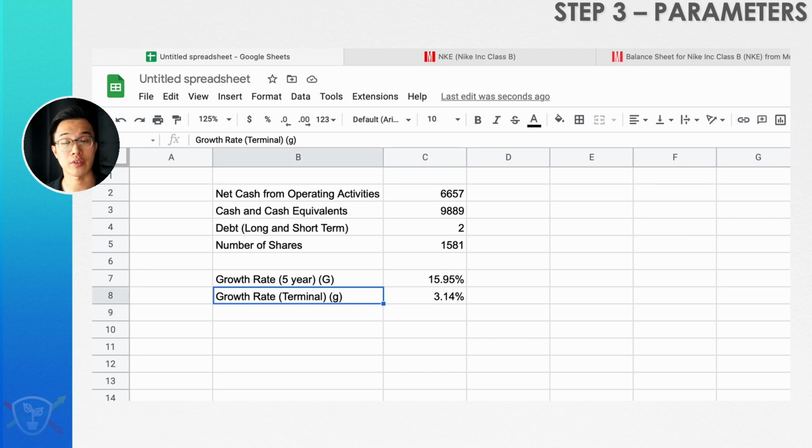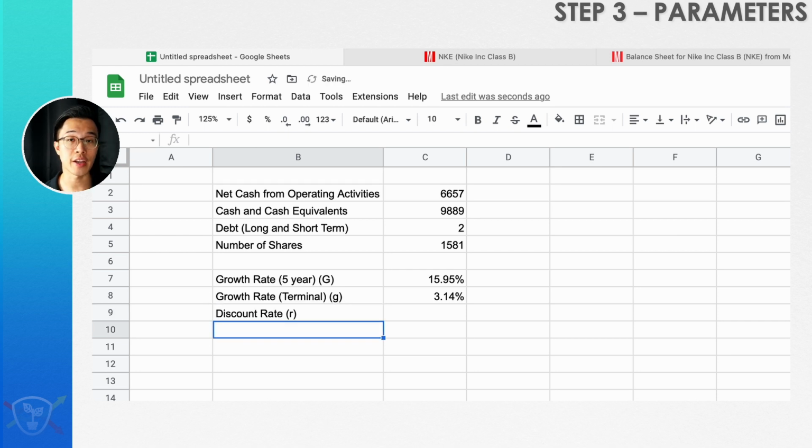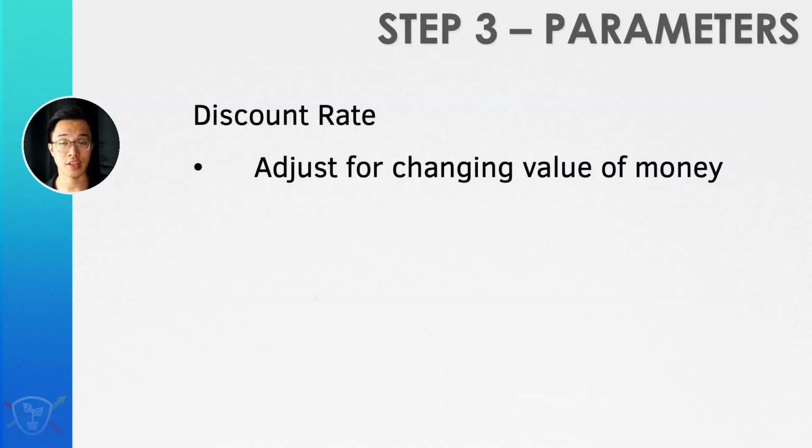The third rate we need to come up with is the discount rate, which in this example we will call R. Because we are looking to project future values here, we have to discount them back to the present value today to take account of factors such as long-term inflation, which over time can cause the value of money to change.